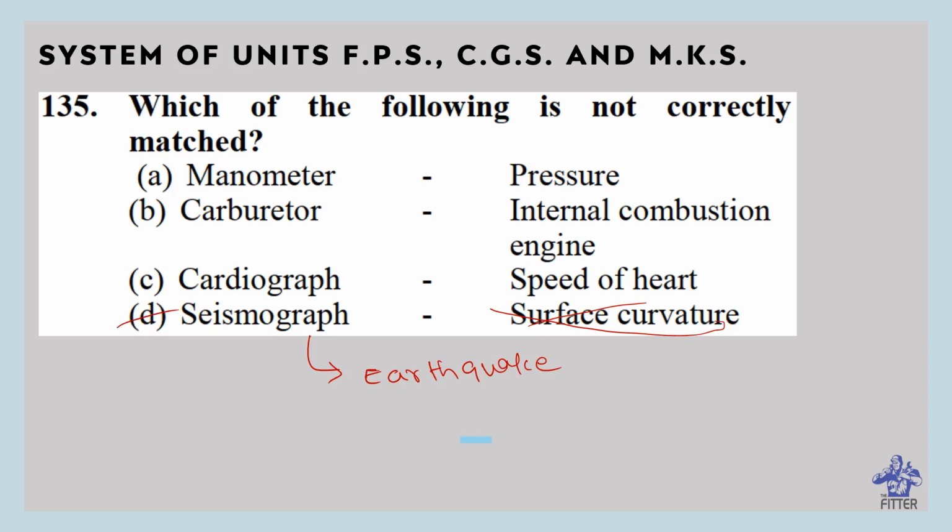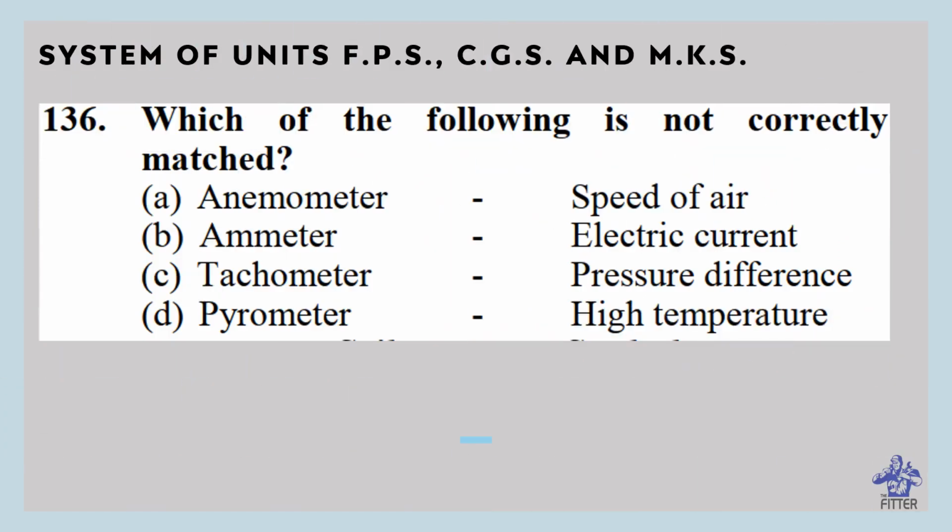Okay, so seismograph is the wrong one. Seismograph is used for detecting earthquakes. Which of the following is not correctly matched? Anemometer, speed of air; ammeter, electric current; tachometer, pressure difference. Here, tachometer is not pressure difference.